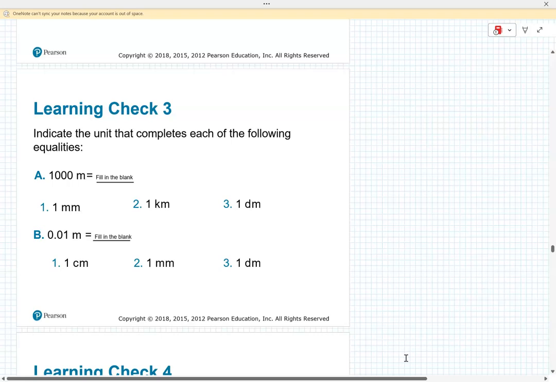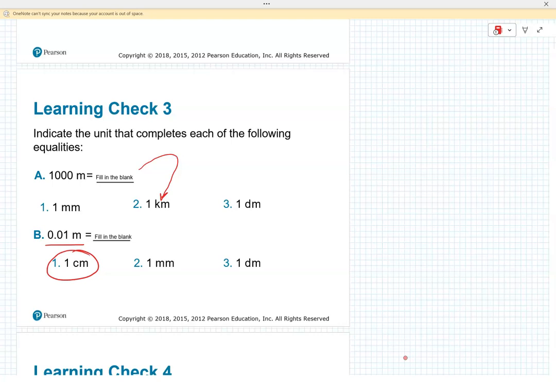And 1,000 meters? 0.01 meter. Which unit matches it? So this is 0.01 meter. Which one? Centimeter, yeah. 0.01 is 1/100th, right? Does that make sense? Awesome.